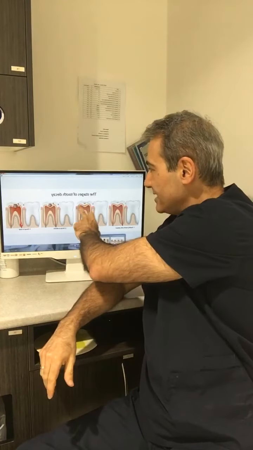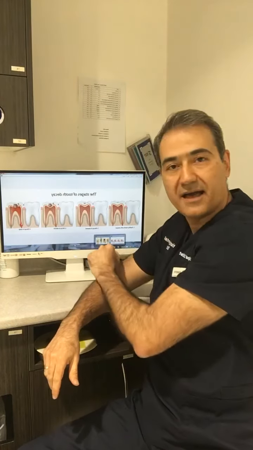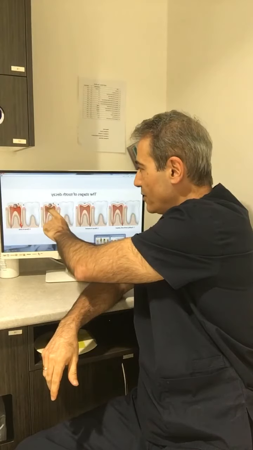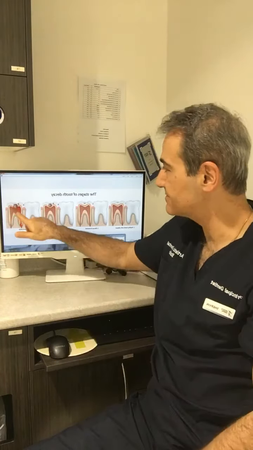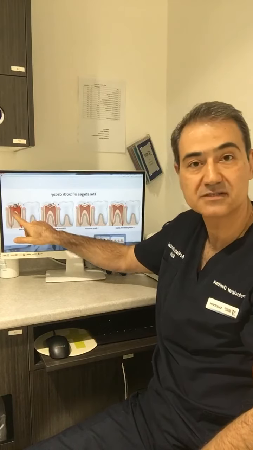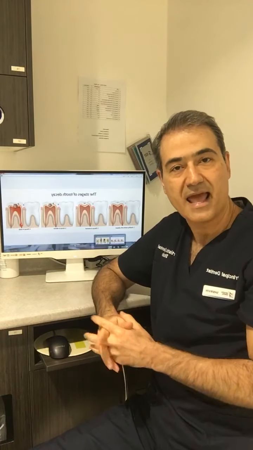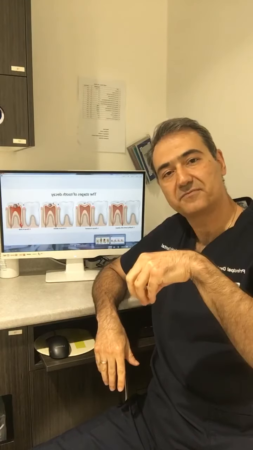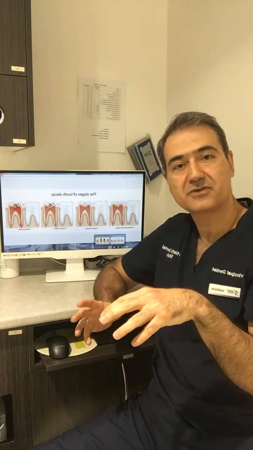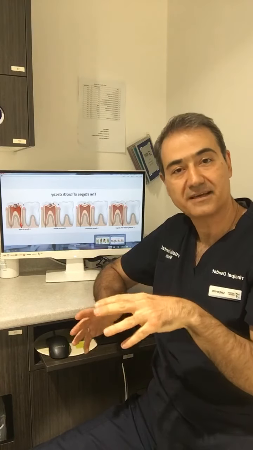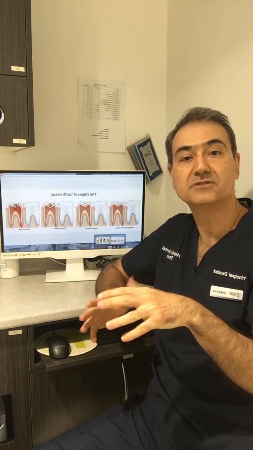After a while, it goes a little bit deeper and reaches the lower layer, which is called dentin. And finally, it reaches the nerve inside. As the decay reaches the nerve, because it contains bacteria, the nerve begins to get inflamed and infected, and after a while, it will die.